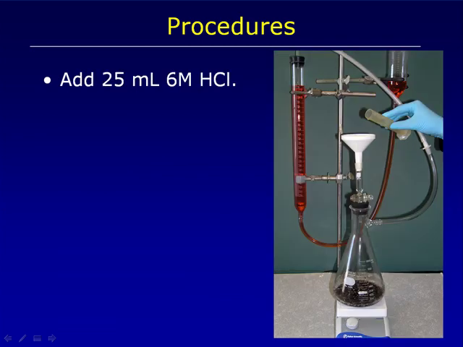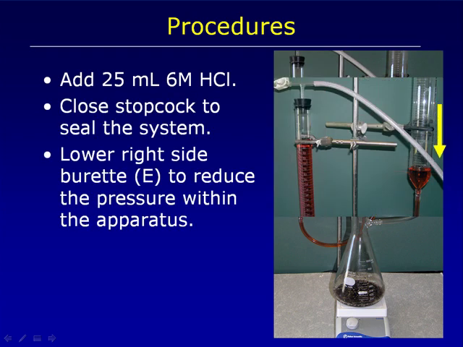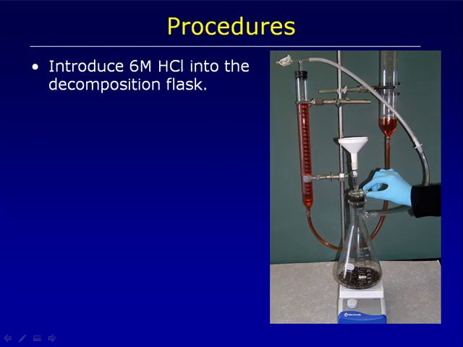Add the 25 milliliters of 6 molar HCl. Close the stopcock to seal the system. Lower the right side burette to reduce the pressure within the apparatus. Now introduce the 6 molar HCl into the decomposition flask.